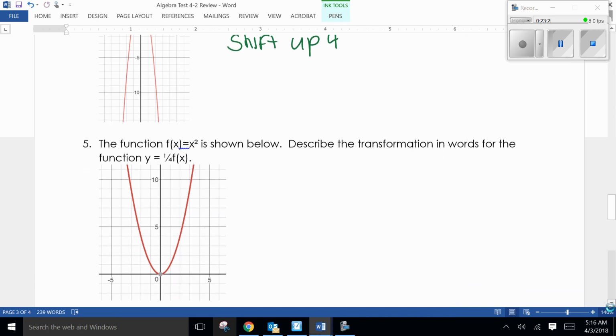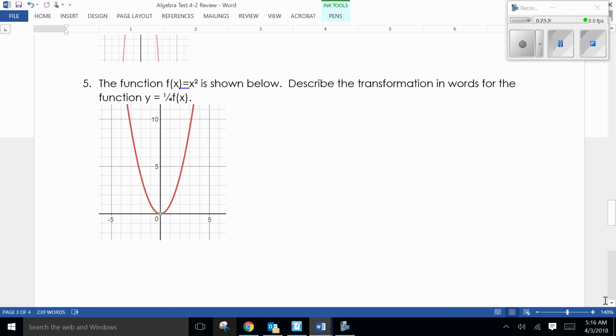The function f of x equals x squared is shown below. Describe the transformation in words for the function y equals 1/4 f of x. Okay, so if I take my parent function and multiply it by 1/4, what will that do?